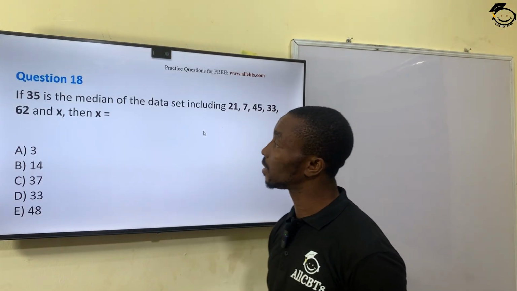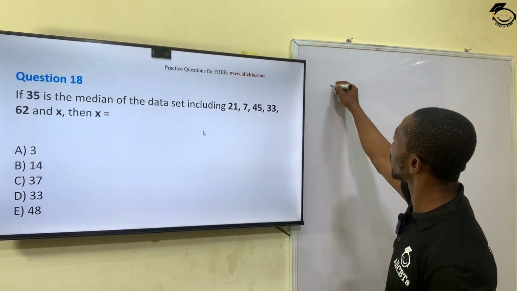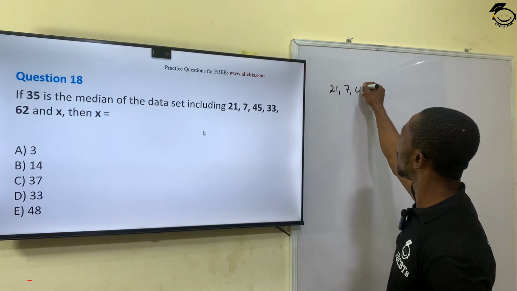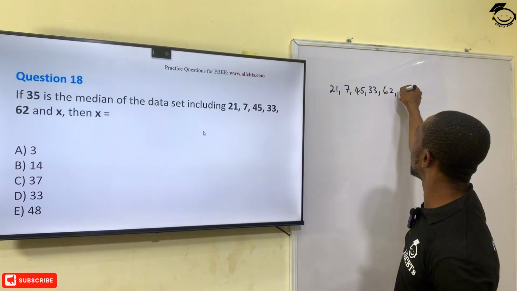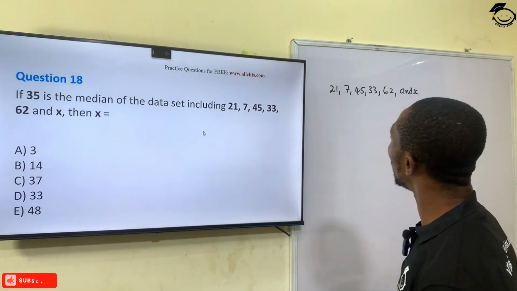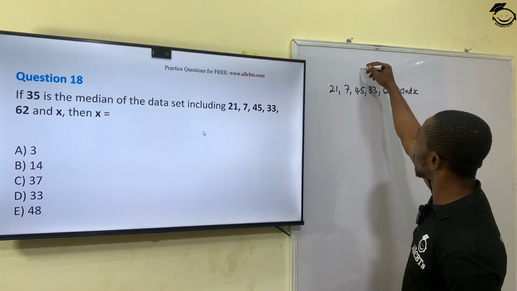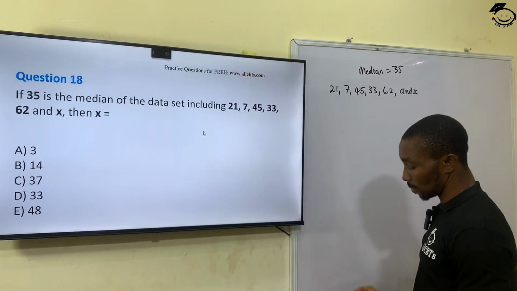If 35 is the median of the data set, including 21, 7, 45, 33, 62, and x, find the value of x. Now, we know that our median is 35. And what's median?